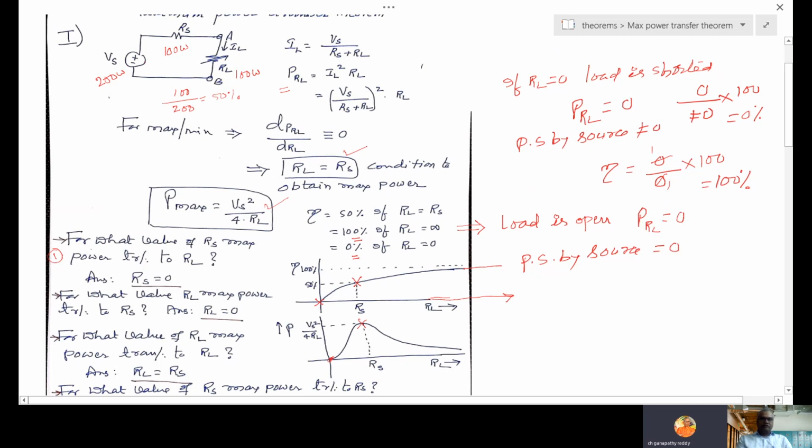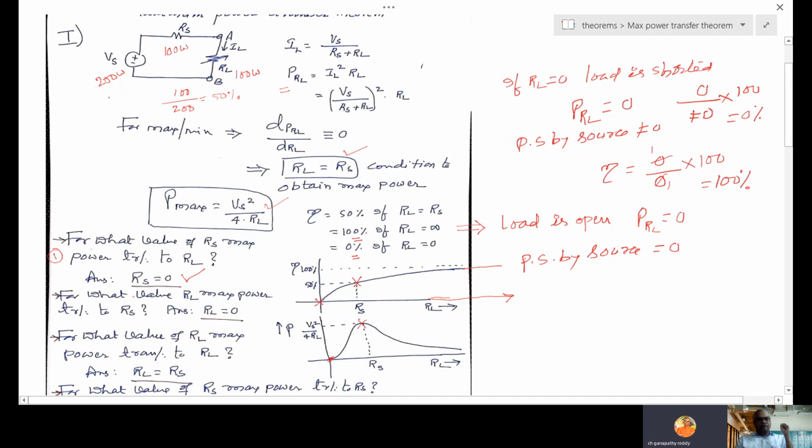The highest value of power is transferred to RL if RS is equal to 0. So for what value of RS, maximum power transfer to RL, answer is RS equal to 0.